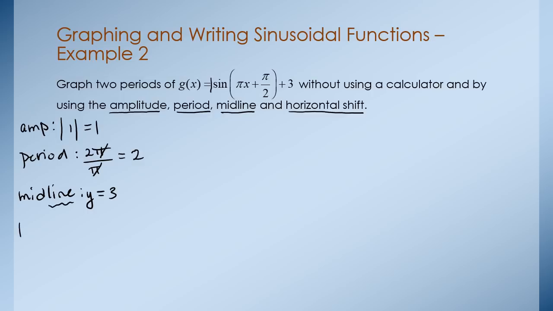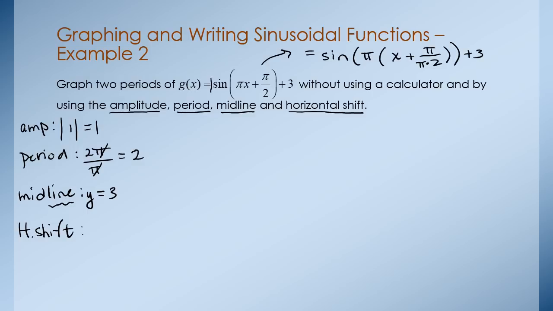And finally, the horizontal shift, we don't know at this point because our pi over 2 is in unfactored form. So let me go ahead and factor a pi out of the inside, and when I do that, I get pi over 2, and I'm going to offset removing that pi by putting it in my denominator.